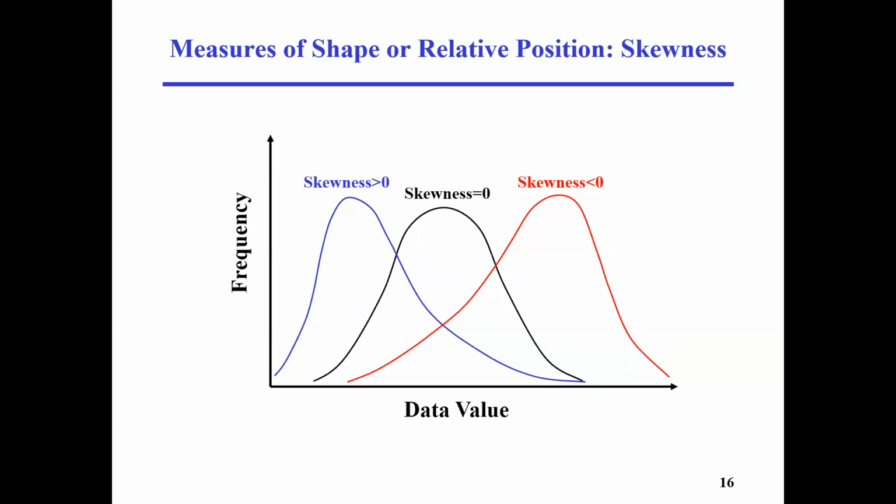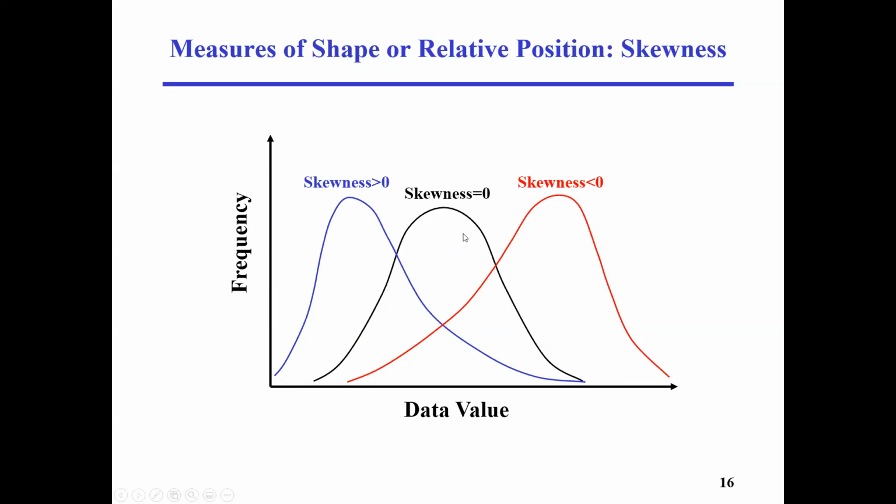Here are some very typical examples. The horizontal axis is for data value, and the vertical axis is for frequency. In this two-dimensional Cartesian coordinate system, we're drawing histograms for 3 data sets, and we have 3 curves here.